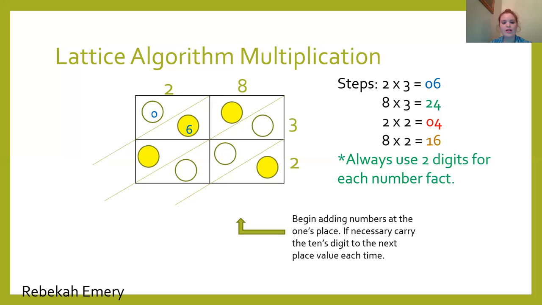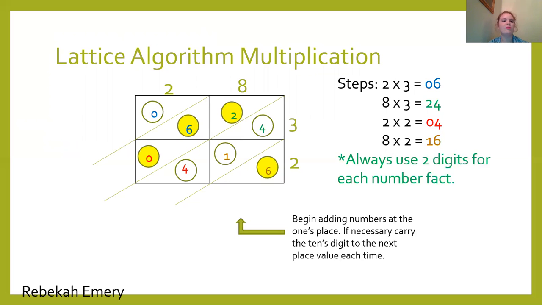So 2 times 3 is 6, 8 times 3 is 24, 2 times 2 is 4, and 8 times 2 is 16. I have highlighted alternate rows to make our next step more clear. Beginning with the ones place value, we add the numbers in each diagonal row.